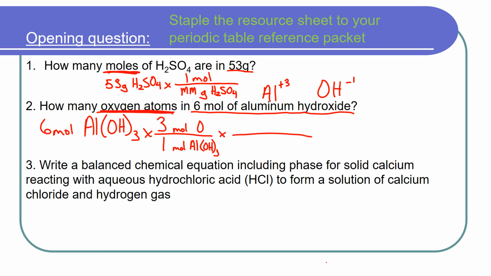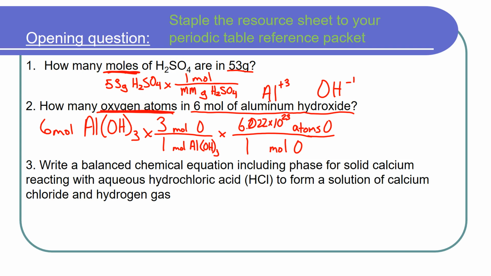Now, I need to get from moles of oxygen to atoms of oxygen. How do I do that? What's the relationship I'm going to use there? Avogadro's number. So Avogadro's number tells us for every 1 mole of something, all right.